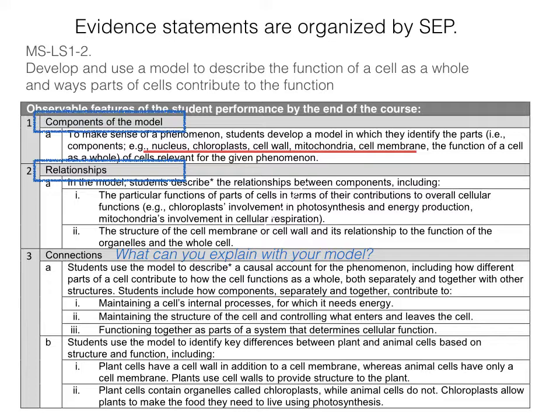We've got nucleus, chloroplast, cell wall, all those great DCIs from the life science realm, and functions of a cell, and that's in there as the DCI realm. But also, the plants use cell walls to provide structure to the plant. That's structure and function, the crosscutting concept that we're looking for here.